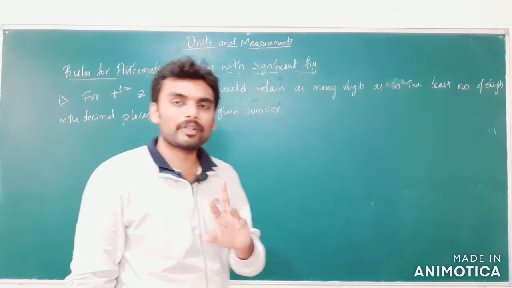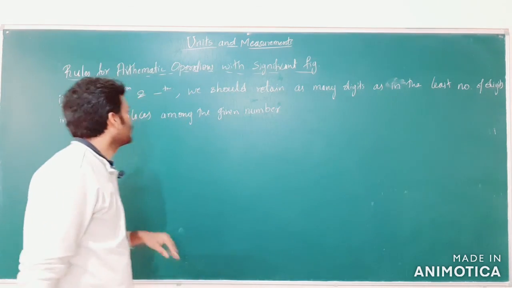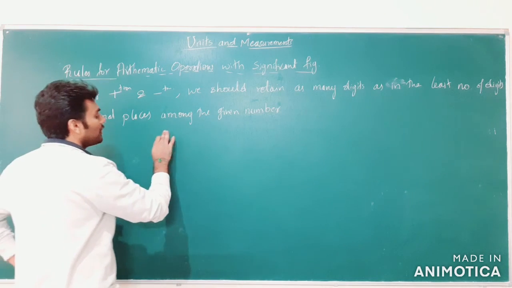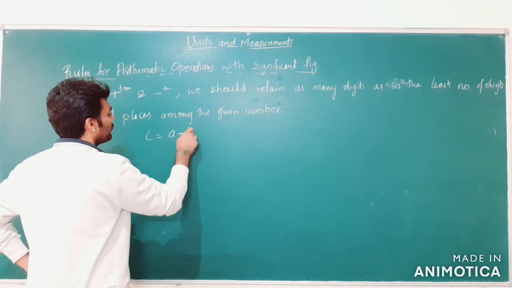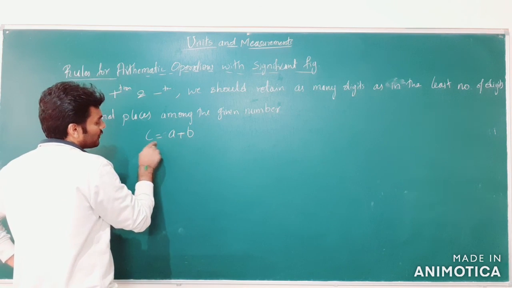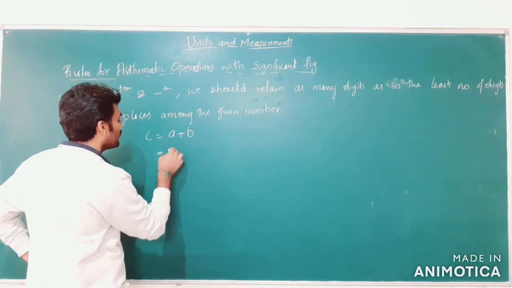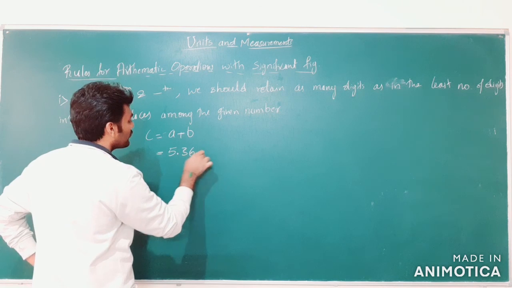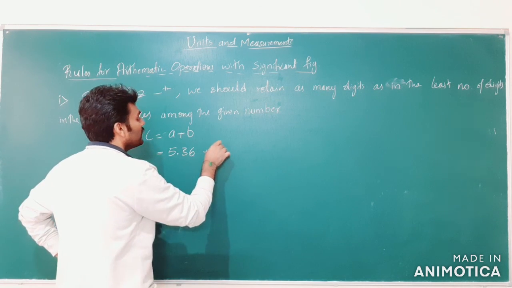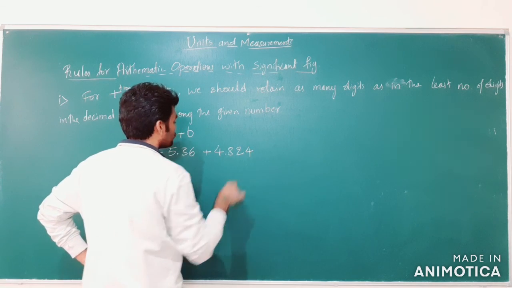Say I am measuring any quantity and we have something like C is equal to A plus B. So in this kind of situation, let me take an example. If the value of A is 5.36 and the value of B is 4.824.